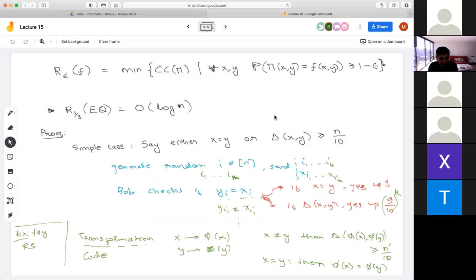It's just like, you stare at the previous protocol, you send two things, the indices and the values at those indices. And if you are allowed to use shared randomness, then the indices can be simultaneously known to both Alice and Bob.